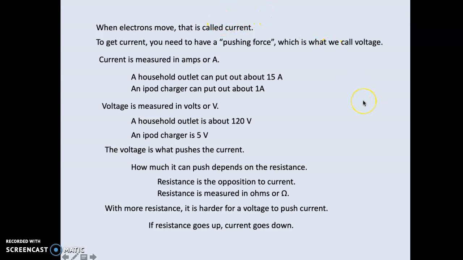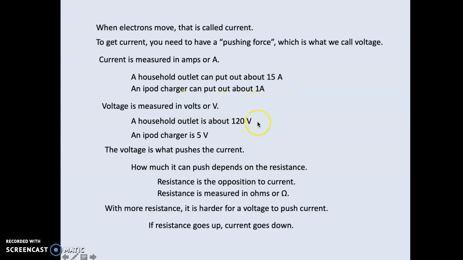Now, in order to create movement of electrons, you have to have some type of pushing force, and that's what we call voltage. And we'll talk more about that next week. So don't worry about that a ton today. I just want you to see a couple things, and you don't have to write any of this down. Current's measured in amps, so we see different household objects have different amounts of current.